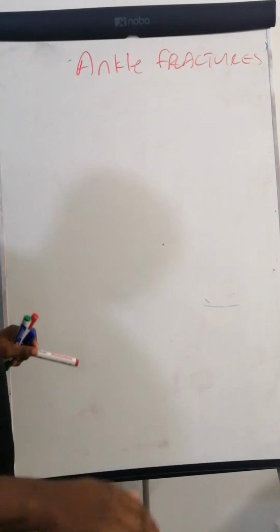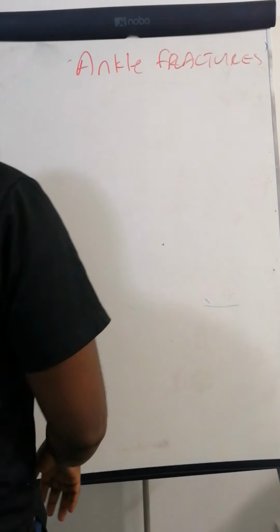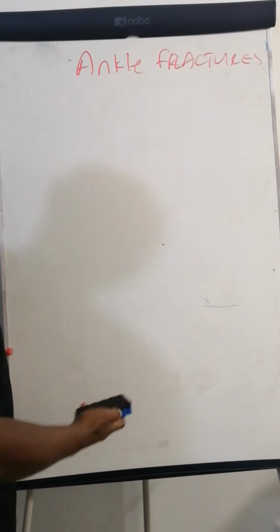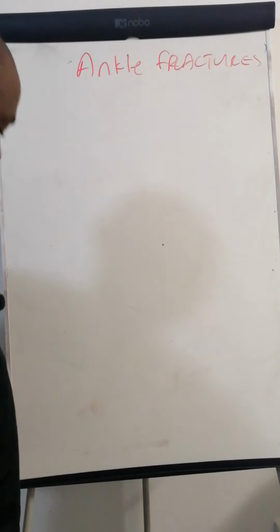I want us to do ankle fractures in this video, and then we will do soft tissue injuries of the ankle in another video because they are very important. They need a separate video.